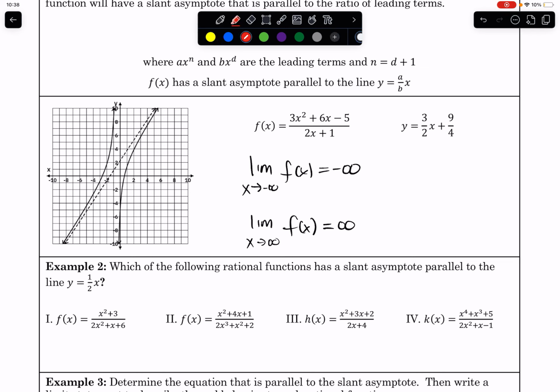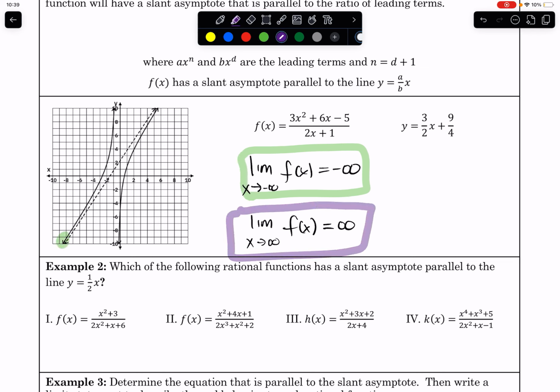Okay. So let me highlight them. This is referring to this end over here, and the right end is referring to that one. So even though we don't have a boundary line to say that our rational function is getting close to, with a slant asymptote, we can simply look at what the slope is, and because of that slope being either positive or negative, we know how the ends of the graph are going to behave, because lines move in one straight direction diagonally.